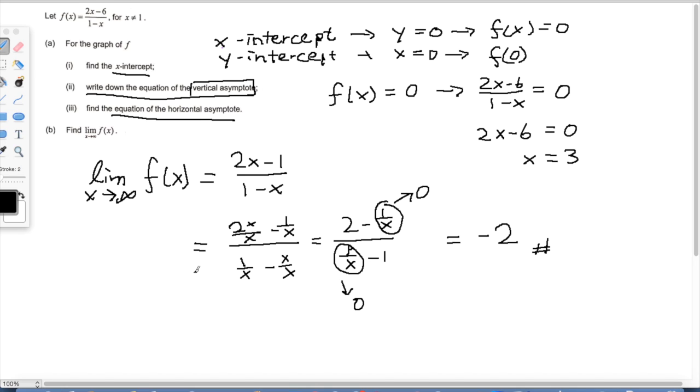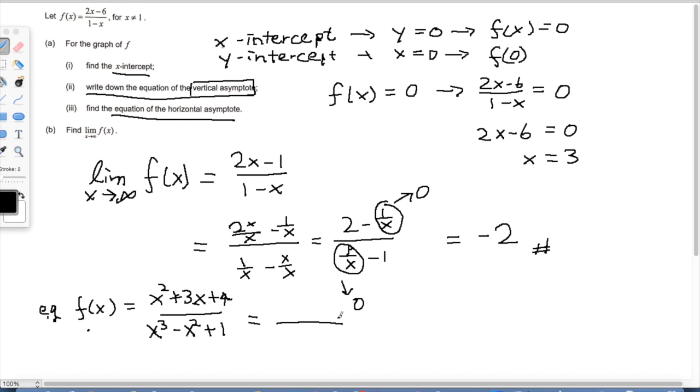Generally speaking, for other rational functions, for example another rational function of the form (x squared plus 3x plus 4) over (x cubed minus x squared plus 1), we divide both the numerator and the denominator by x cubed.